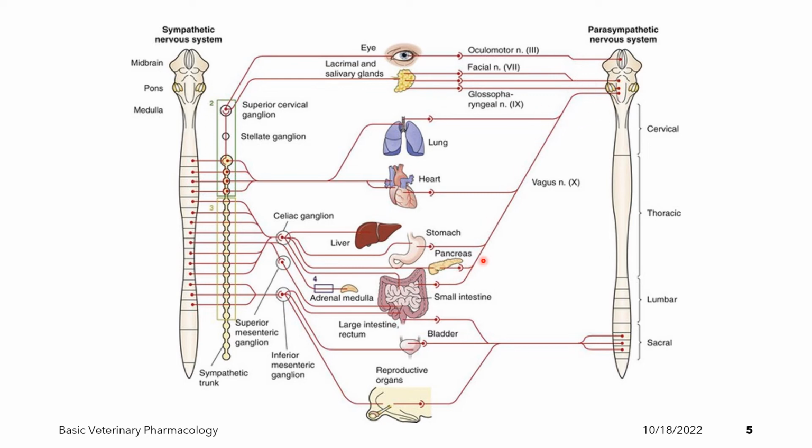As you can see here, the vagus nerve is very extensive because it innervates the viscera along the chest and the abdomen. So it is considered to be the most extensive cranial nerve that has a parasympathetic function. We also have the sacral spinal nerve, which innervates the intestine. We also have the urinary bladder and the reproductive organs.